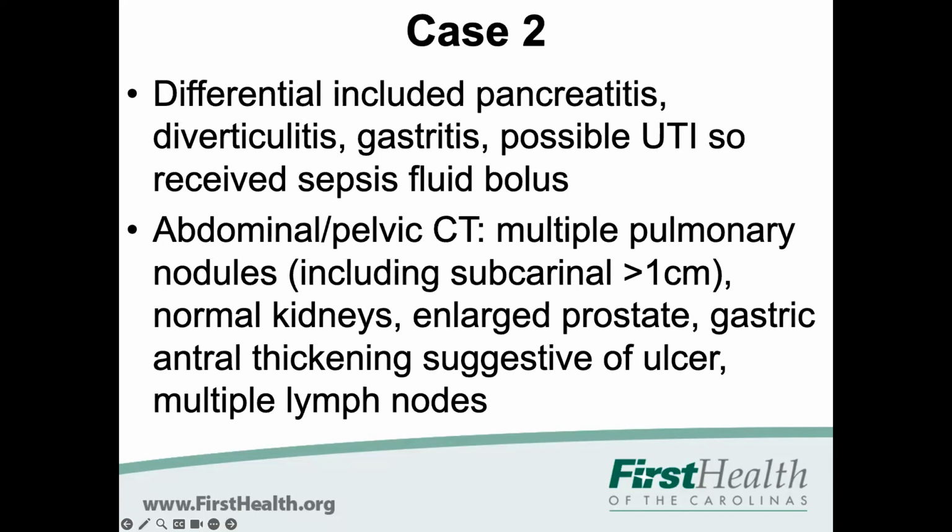And that probably contributed to his initial presentation, but was, of course, as is the case with most ulcers, not infectious in the absence of perforation. So again, a case where the test, I think, yields some benefit in helping to hammer away the diagnosis of sepsis when you might have looked at some subcarinal adenopathy and a slightly abnormal urinalysis and still wondered whether this was, in fact, evolving sepsis at least. Next slide.